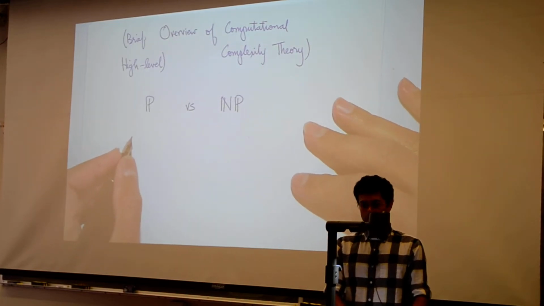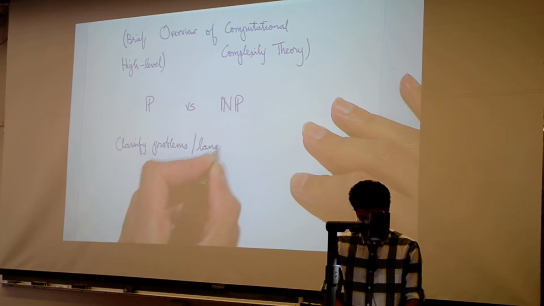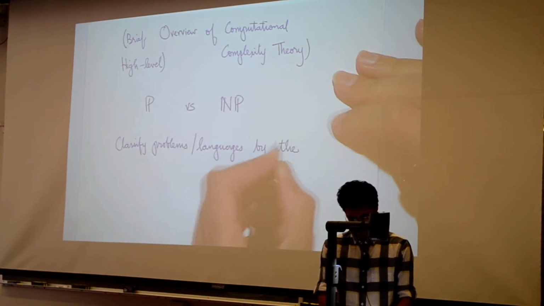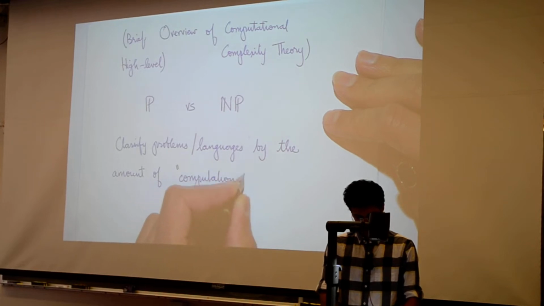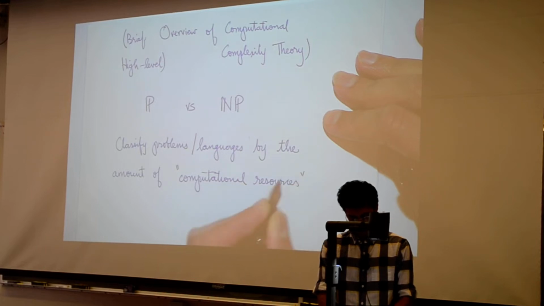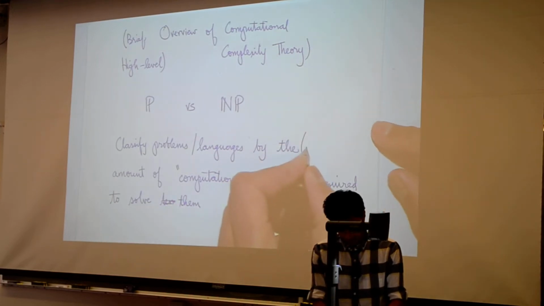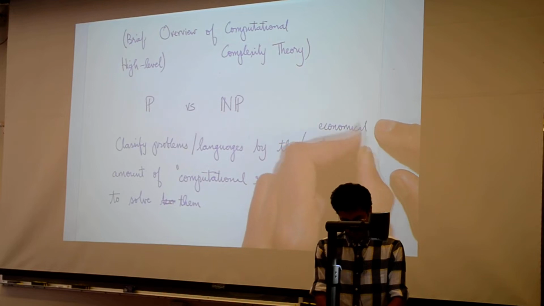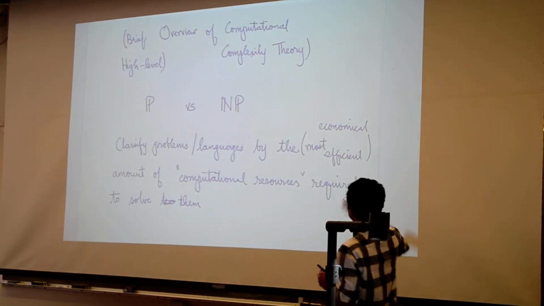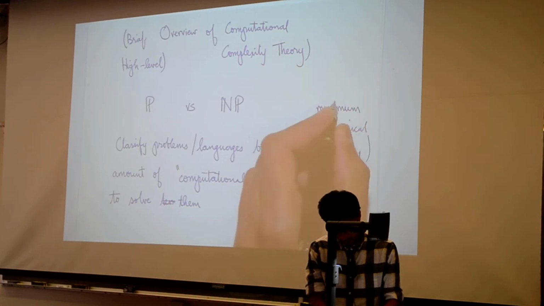But what is this theory about? It's about trying to classify problems or languages by the amount of computational resources required to solve them, and by that I'll say the most efficient or economical, meaning that you'd like to classify problems by the minimum amount of resources required to solve them.